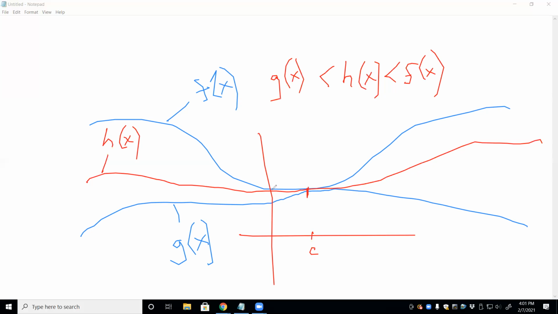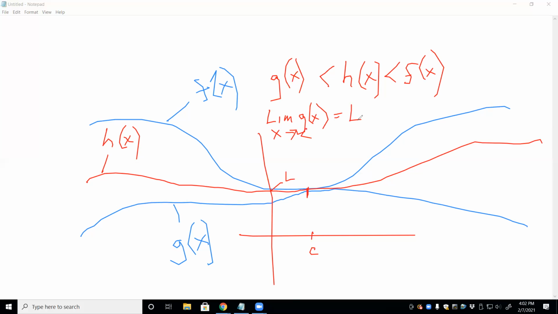the limit is L, in other words, if you now say that the limit of g of x as x approaches C is equal to L, you can see that on the graph.